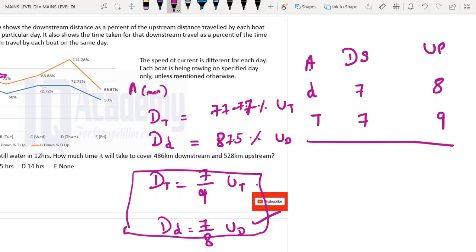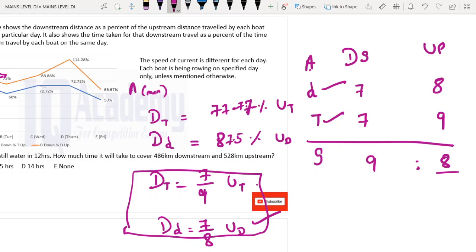Then we know the distance ratio, time ratio. From this we can say what is the speed ratio, because we know that speed is nothing but distance by time. So here it will be 7/7 is to 8/9. So this will become 1. So speed ratio is nothing but 9:8.